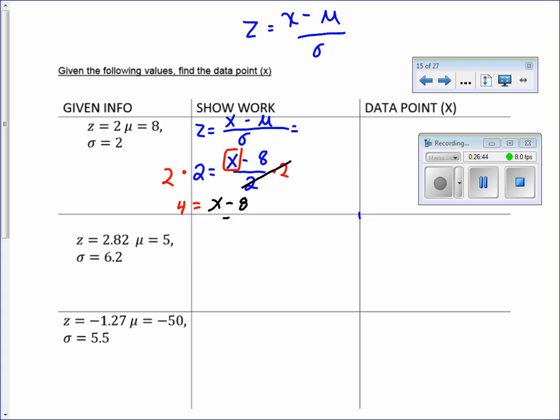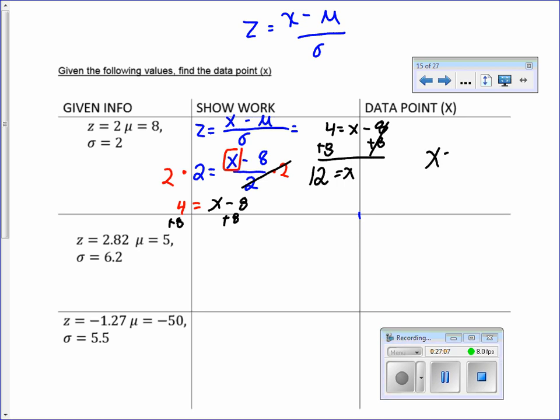I add 8 to both sides, and x equals 4 plus 8, which is 12. So here, my data point is x equals 12.